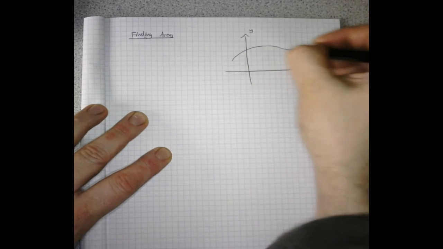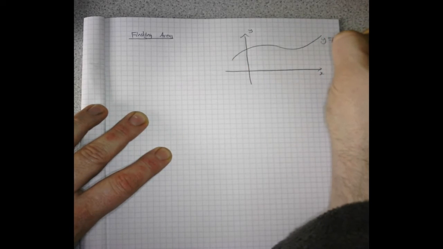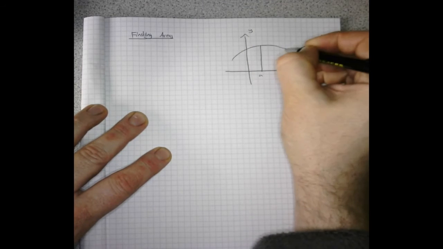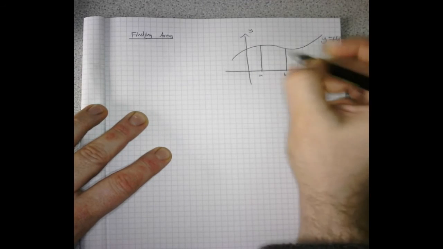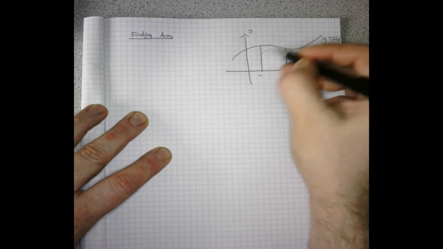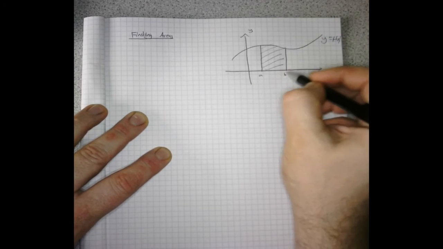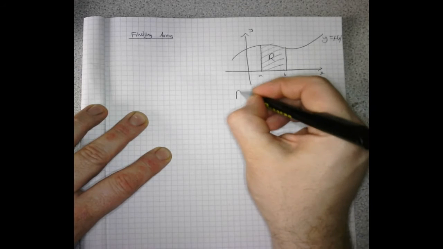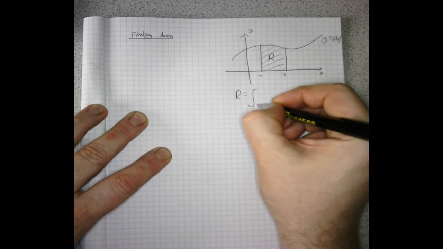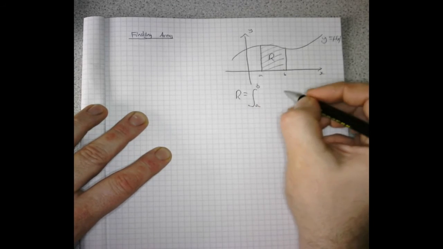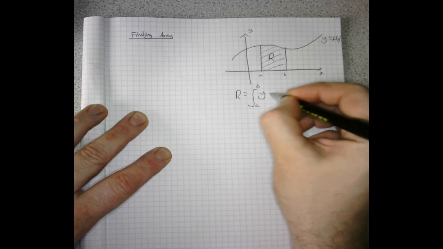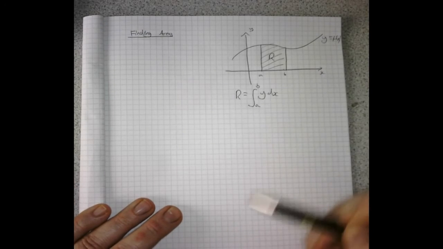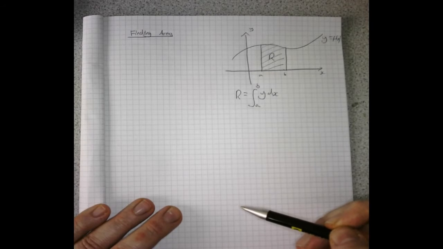Given a function of x, the area under the curve between two values of x can be found by integration. You don't need to know why, you don't need to prove it, but we need to know that area means integrate between two variables. So we need to know that.